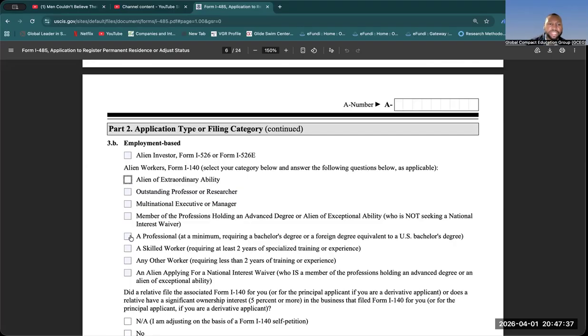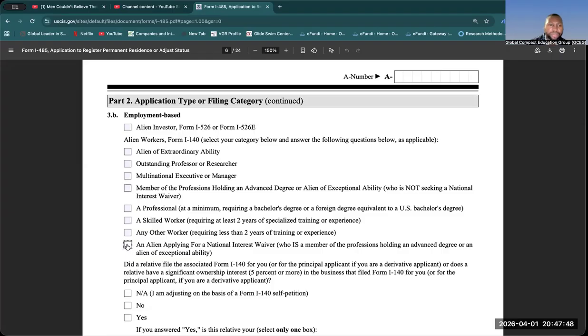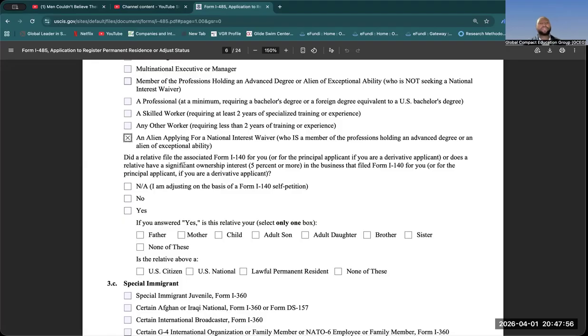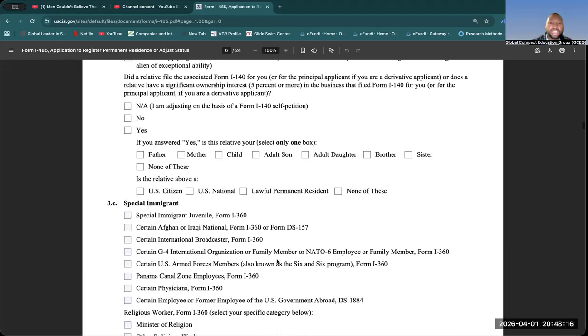Alternatively, you're looking at applying for a national interest waiver, this is where you complete. Did a relative file the associated Form I-140 for you, or does a relative have a significant ownership interest in the business that filed? If the answer is no, then no. If it's yes, then you complete this other information here.